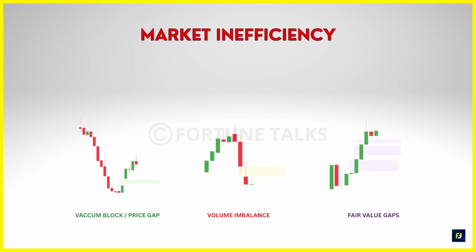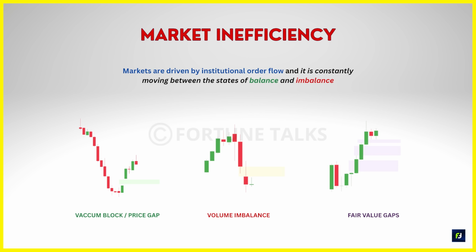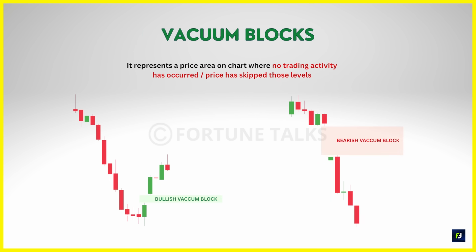In the market, gaps and volume imbalances are key indicators of market inefficiencies. These two concepts revolve around the key notion of SMC concepts that markets are driven by institutional order flow and it is constantly moving between states of balance and imbalance. And as you may all know, a gap or vacuum block represents a price area on chart where little or no trading activity has occurred.